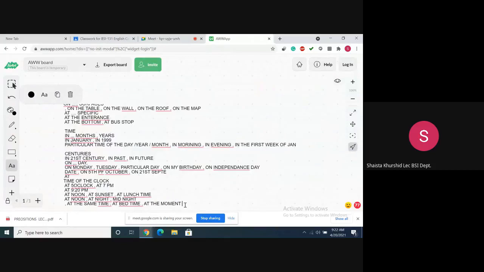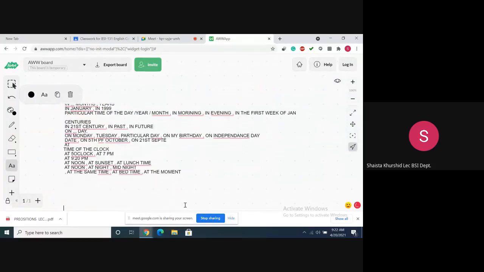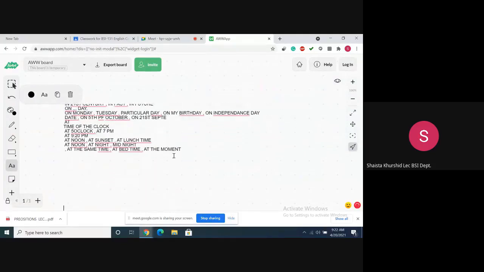So this is all about the prepositions, or the very common prepositions that we use. As I said, there are so many other prepositions that when you Google it, you will get a list.